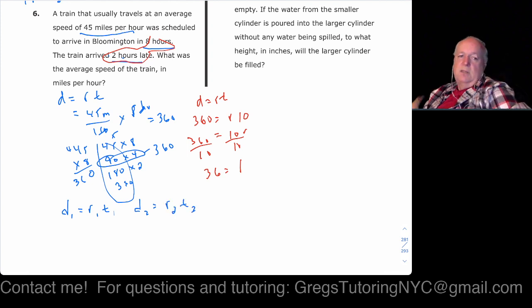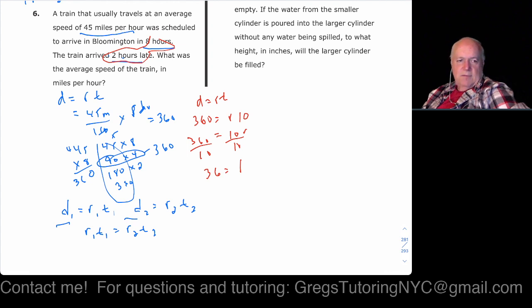And these are the going and the coming rates. But once we see that, we notice the distance is the same. In other words, D1 and D2 are the same. So basically what we're setting up is R1 T1 is equal to R2 T2. Well, we have some of that information.